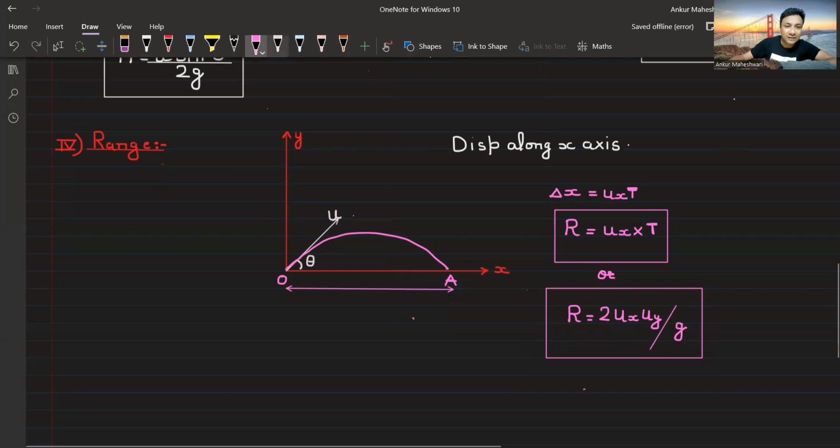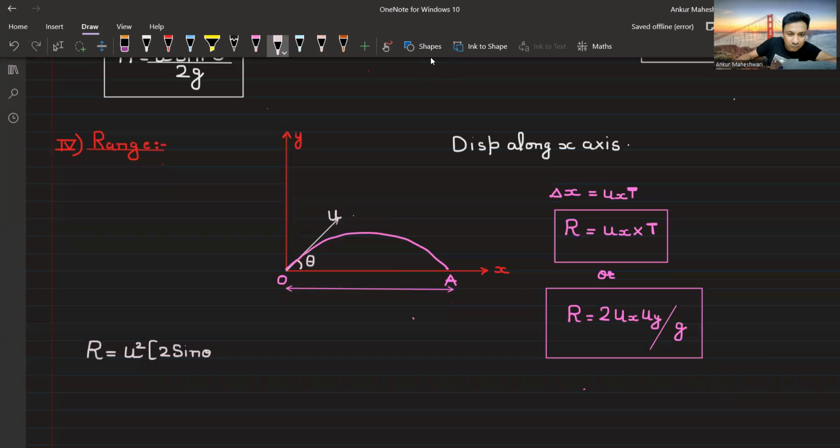And the third and foremost form of this range is R equals u square 2 sine theta cos theta upon g.